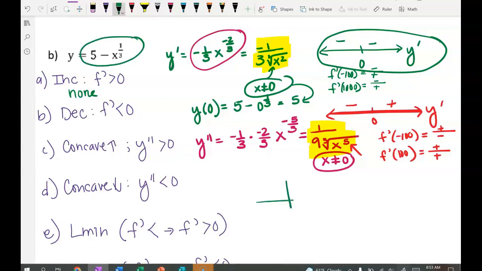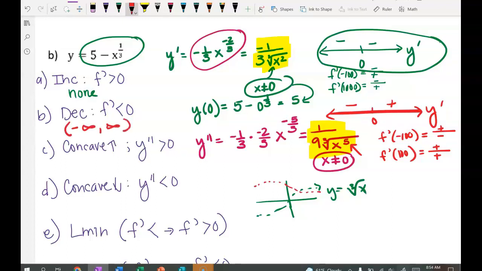So if you think of a cube root and it's negative, it's a reflection over the x-axis. A positive cube root, the parent function, if you remember, looks like this, right? But because it's a reflection and it's shifting up 5, it's going to be like this. So it's always decreasing, from negative infinity all the way to infinity.